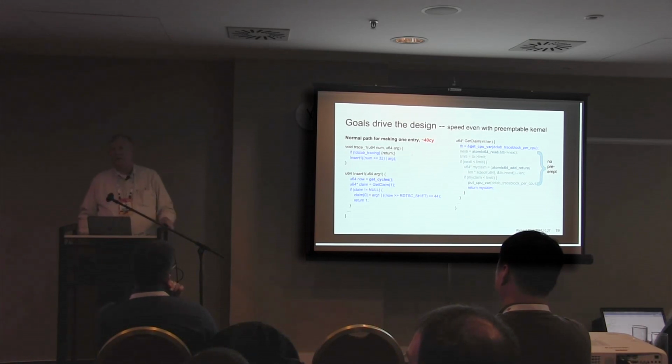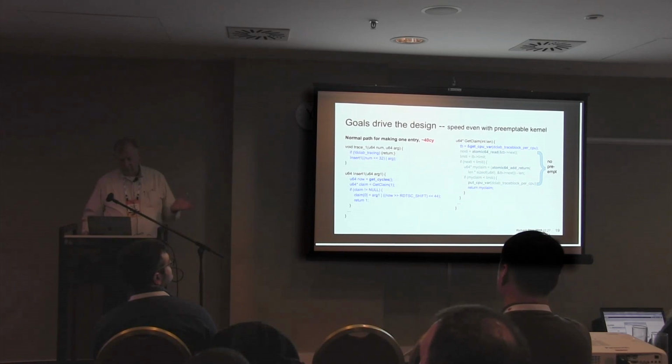So all this code has to protect against that without taking out locks very frequently, because that would slow things down. So I read the cycles, I call this routine to look at in a second that gets a place to store the 4-byte or 8-byte result. If it in fact is a place to store and not null, then take the argument and the time clock, shift it over and pack together and store it in out.